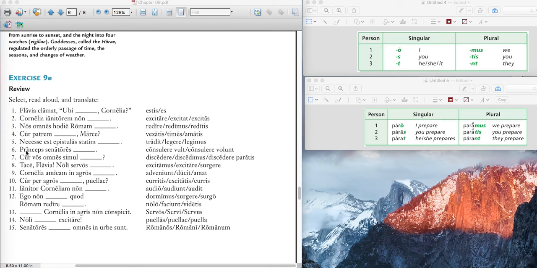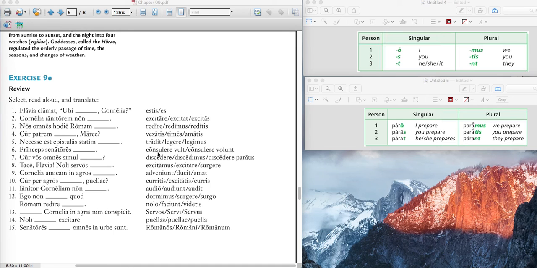Number six, princeps, that's the emperor. That's a singular. It has an S at the end, but that's a singular noun there. Princeps senatores blank. So the emperor wants to do something to the senators, right? And so we have two choices here: consulere volt and consulere volunt.